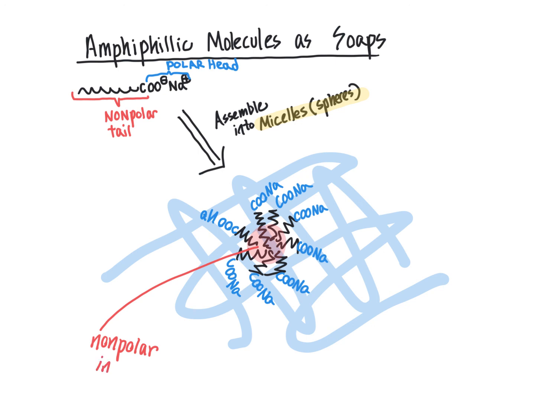So there's a nonpolar interior of the micelle, the sphere, because of the fact that those nonpolar tail groups associate with one another closely. And the reason why these amphiphilic molecules are effective as soaps is because soaps primarily act in dissolving fatty soil and grease.